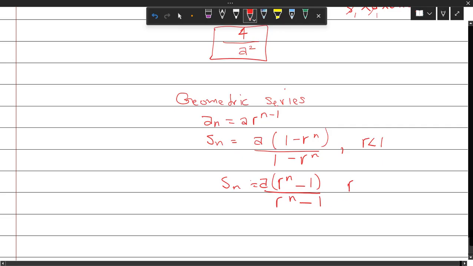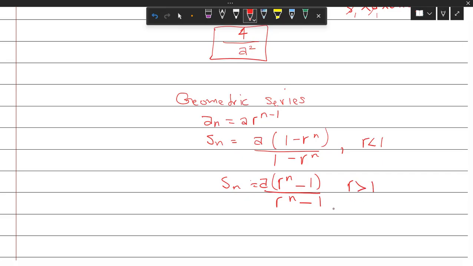Okay, so this is for r greater than 1. So I've said this one means r ranges from 0.1, 0.01 to 0.9. Here, from 1 point something going to all these other numbers, 100, 200, use this formula.